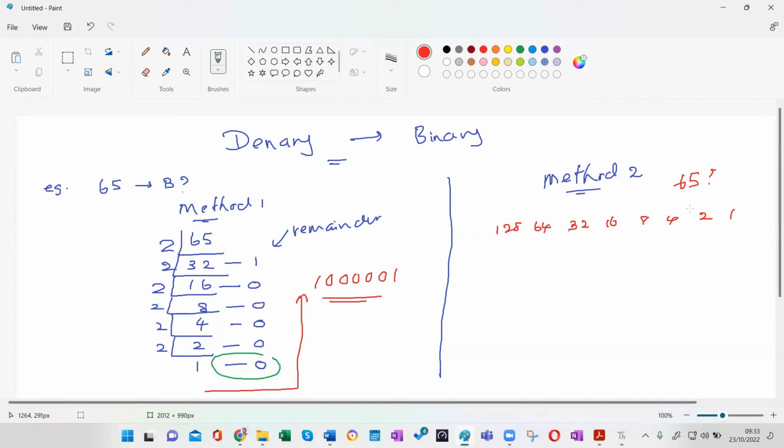These are simple maths, okay? No, right? So you put 0 there. Do you have 64s in 65?